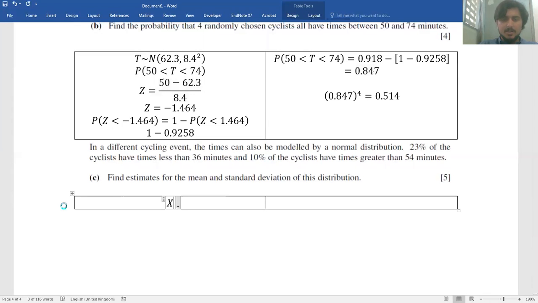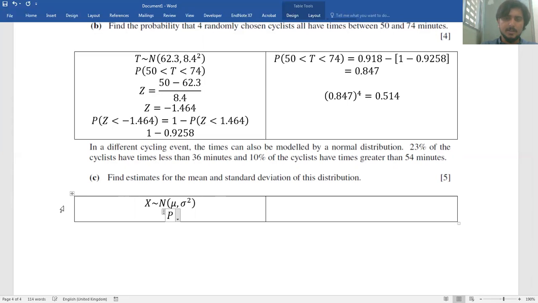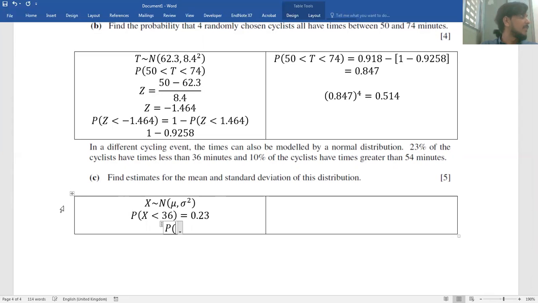Again, this time I'm taking times as X, which are normally distributed. I don't know the mean, and I don't even know the standard deviation. But I know that when X is less than 36, the probability is 0.23. And when X is greater than 54, the probability is 0.1.